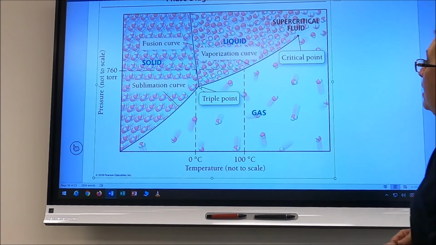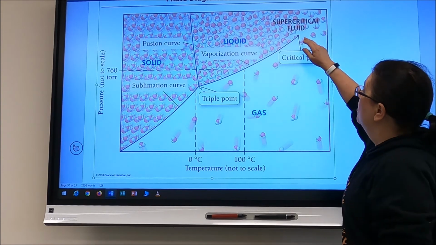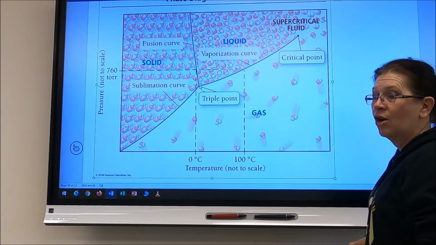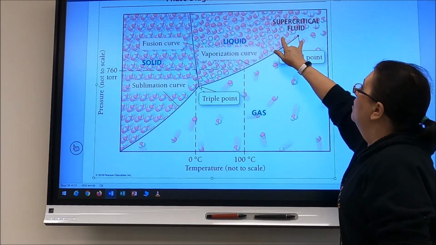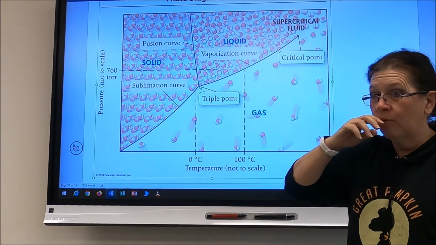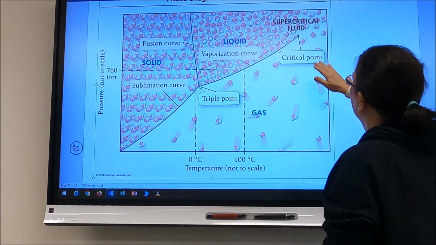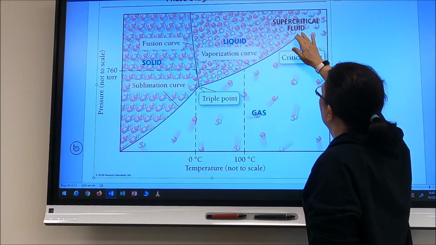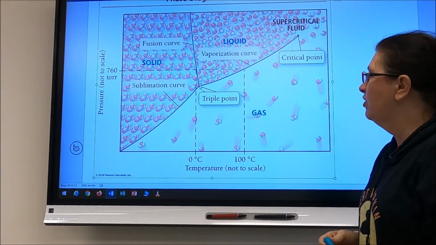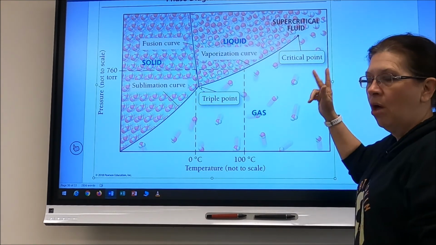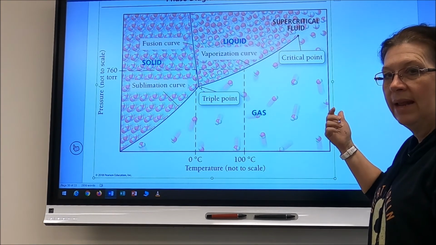Okay? Now, out here at the end of the line, so to speak, we hit what's called a critical point. Now, liquids and gases are both fluids. They flow. The particles move past each other. When we get up here to the critical point, something very interesting happens. We can no longer tell the difference between a liquid and a gas.